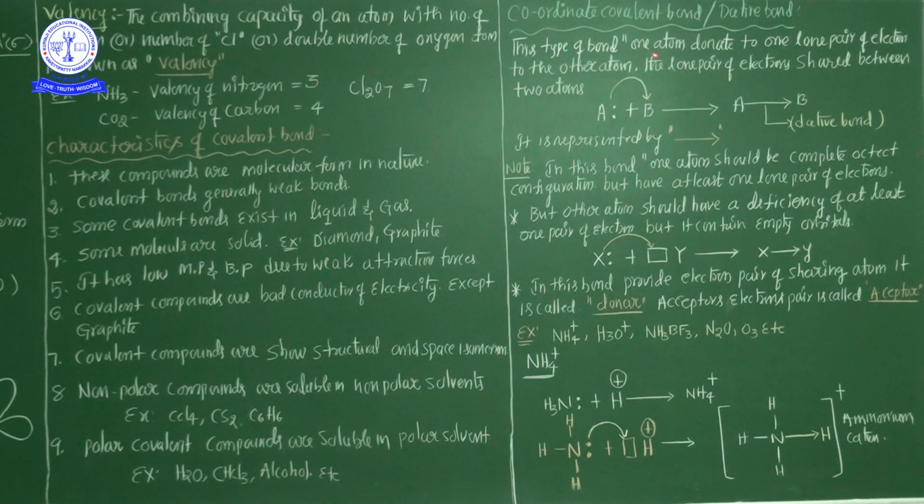In this type of bond, one atom donates a lone pair of electrons to the other atom, and the lone pair of electrons is shared between the two atoms. So atom A donates one lone pair of electrons to B, but ultimately A and B share that lone pair equally. A only donated the lone pair of electrons to B. See, this is a lone pair of electrons, and this lone pair is donated to B, so a dative bond is formed in between.